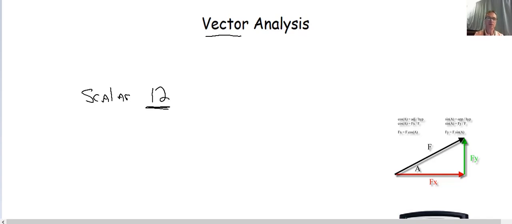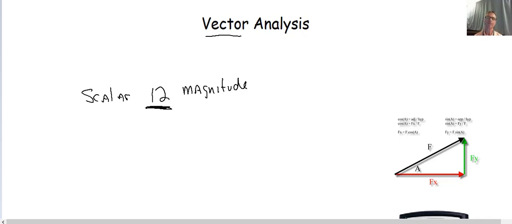It's the magnitude of the number. That's how much I have. I have 7 cars. I have 9 marbles. That would be a number, and it's called a scalar number because it only includes the numerical part of what we're talking about.